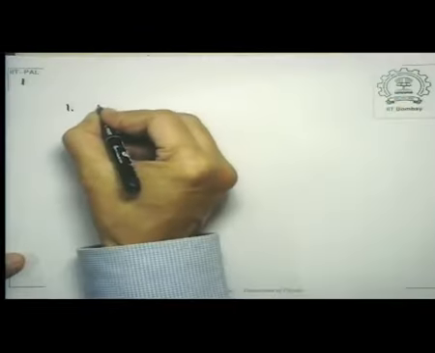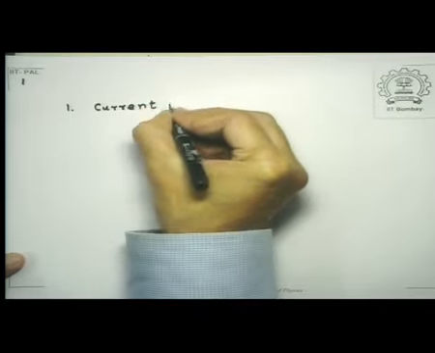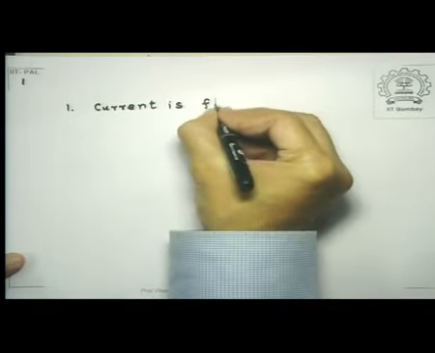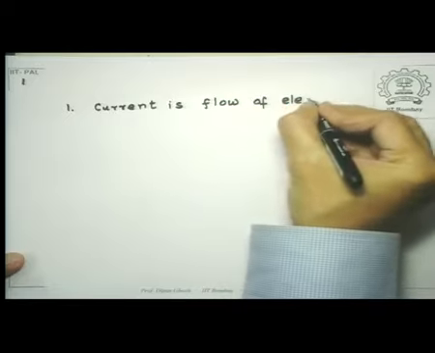So, I will start my lectures by summarizing what we did yesterday. The first point was that we defined current and we said current is a flow of electricity, or electric charges, if you like.